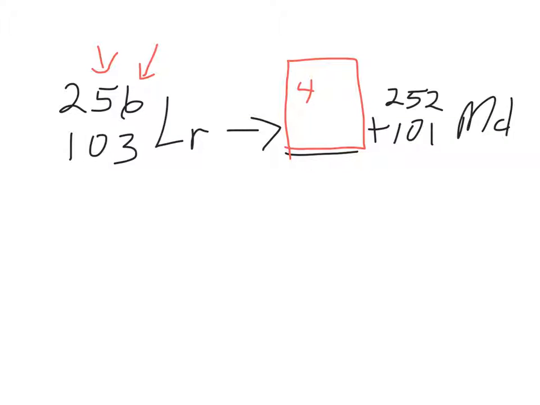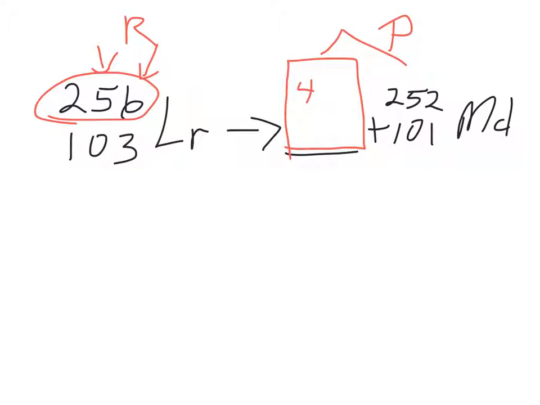So 252 plus the 4 gives you that 256. We see that? It's like from right to left. The reactant side must equal the product side. So if I have 256 over here on the reactant side, this needs to total 256.